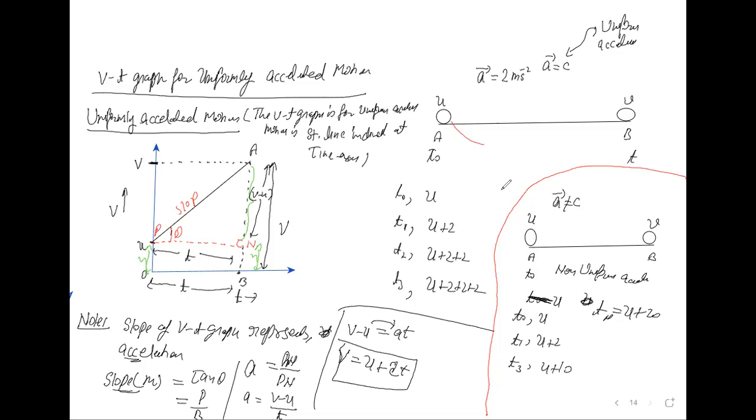Very good. So this is the first equation of motion. Now from this same graph, we will calculate the area, which is parted in two segments.